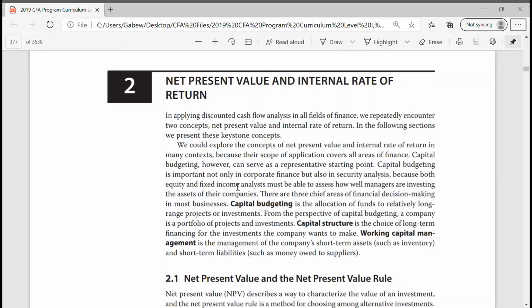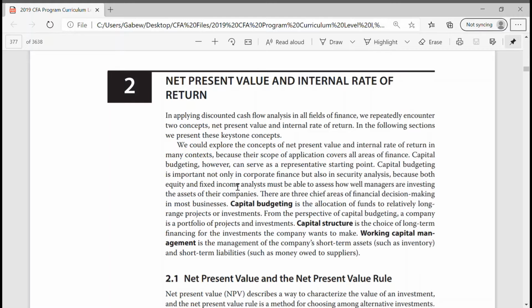Capital budgeting is important not only in corporate finance, but also in security analysis, because both equity and fixed income analysts must be able to assess how well managers are investing the assets of their companies. There are three chief areas of financial decision-making in most businesses. Capital budgeting is the allocation of funds to relatively long-range projects or investments.